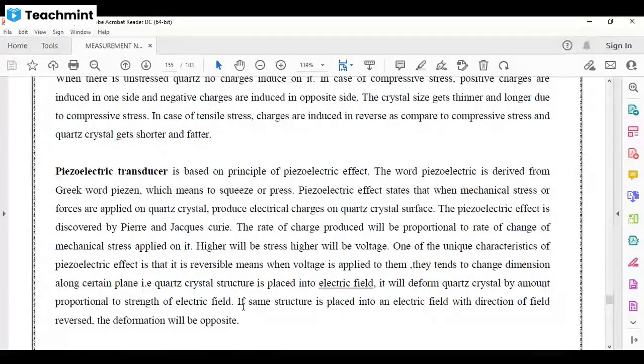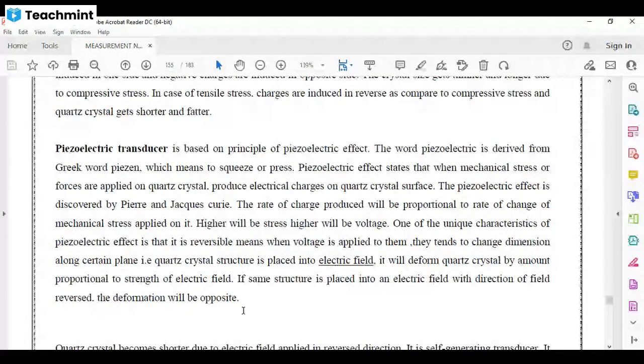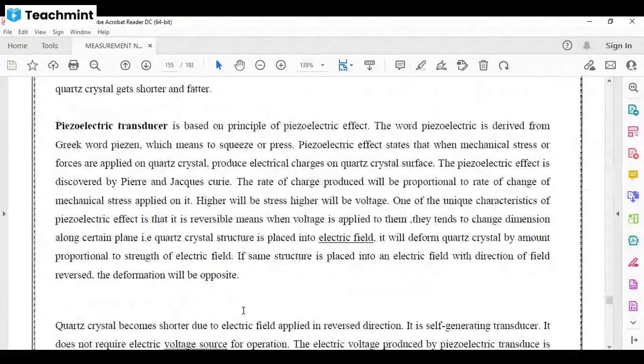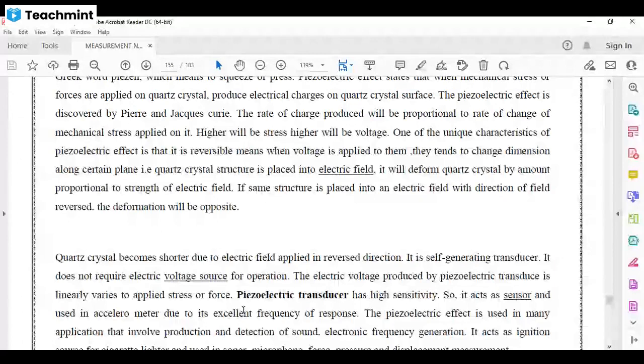And if the same structure is placed in the electric field with the direction of the field reversed, the deformation will be opposite. So this is the working principle of the piezoelectric transducer, and the quartz crystal becomes shorter due to the electric field applied in the reverse direction.